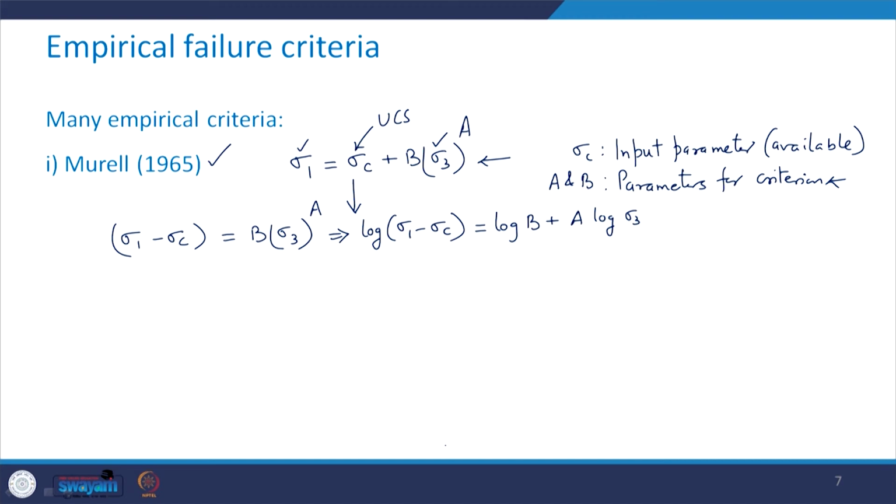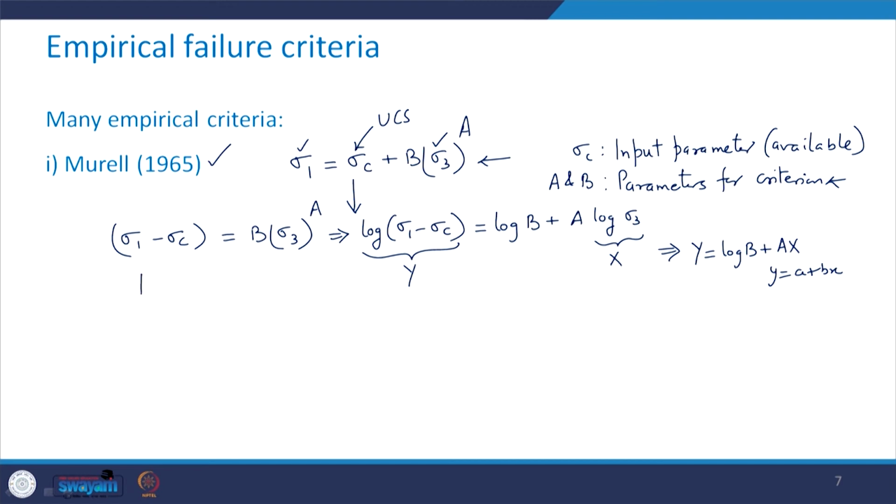Now, just imagine that the left quantity is y and log sigma 3 is x. Then this is y equal to log b plus ax, and if I compare it with the straight line equation we discussed, that was y equal to a plus bx.